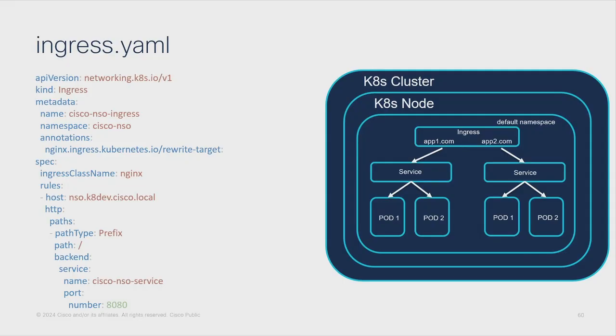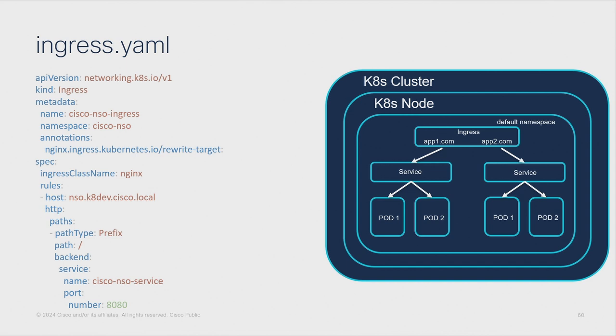So on the left-hand side here, we have our YAML manifest, and we just specify the fact that yes, we want to use an Nginx controller, and all our traffic that's being sent to that host, we're looking at the prefix. We're doing some prefix matching here, but in our case, we're matching everything. So that just means all traffic that is coming in, we take that and we're sending it on to our service that sits behind it.